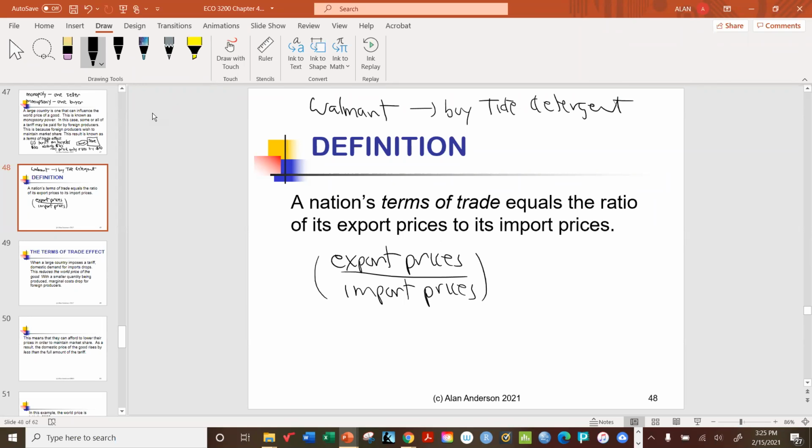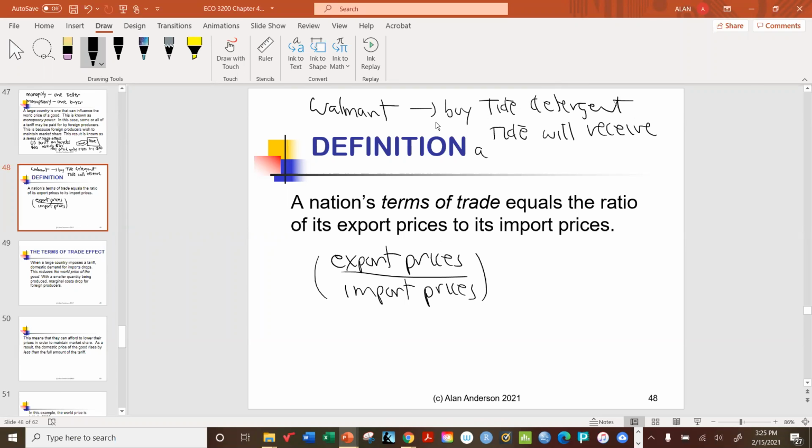They may be Tide's biggest customer. So when it comes time to negotiate the price, what do you think is going to happen? Is Tide going to be able to charge them a high price or a low price? Well, Tide will have to receive a relatively low price because this is their big customer.